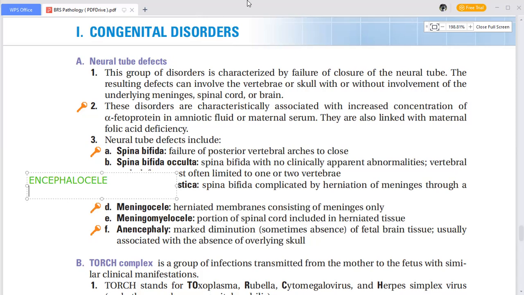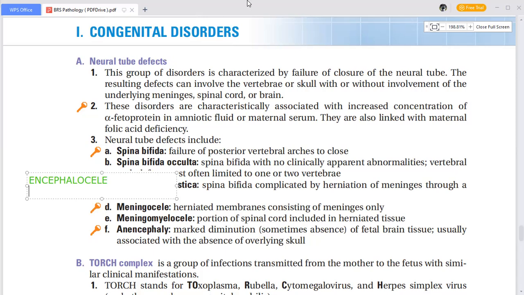So what is encephalocele? Encephalocele is a malformed central nervous system diverticulum extending through a defect in the cranium, typically in the occipital region or posterior fossa. This is a congenital, malformed diverticulum. Diverticulum is more like an outpouching, just a sac.